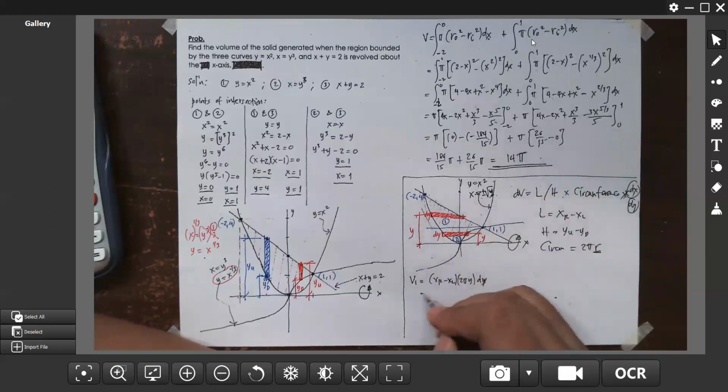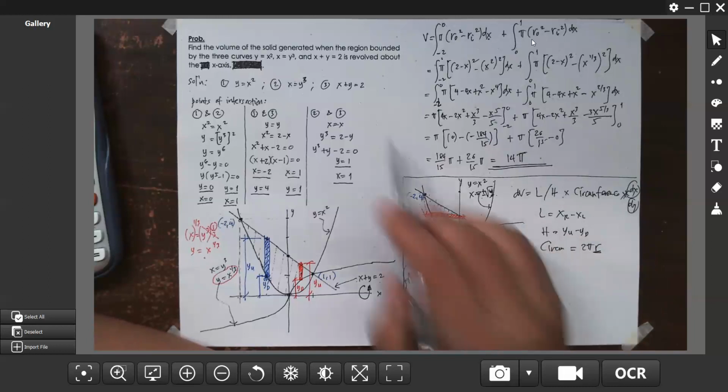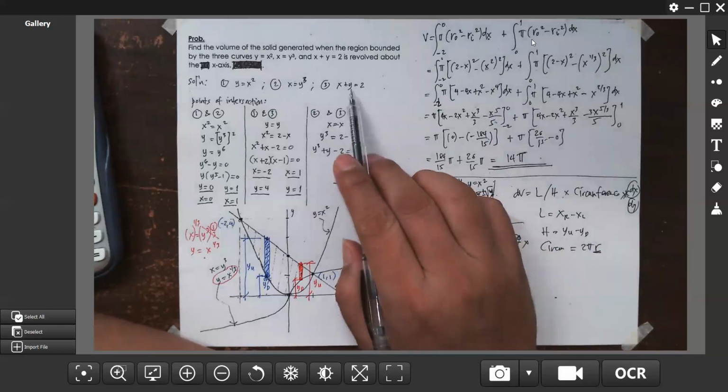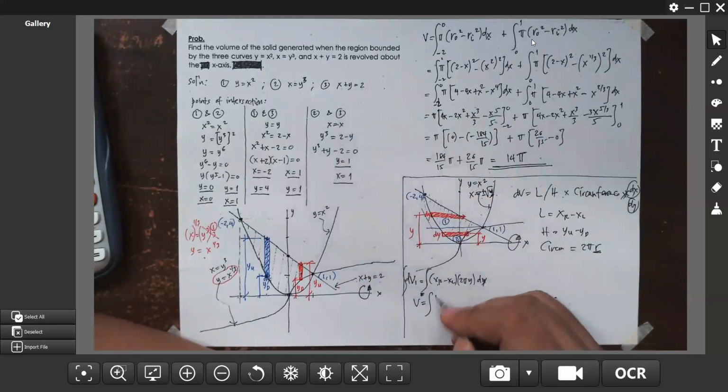So, for dV, when we integrate, we have V. Our x right is the line. The x of the line is 2 minus y, minus x left.